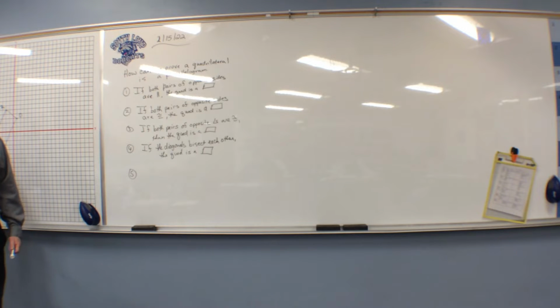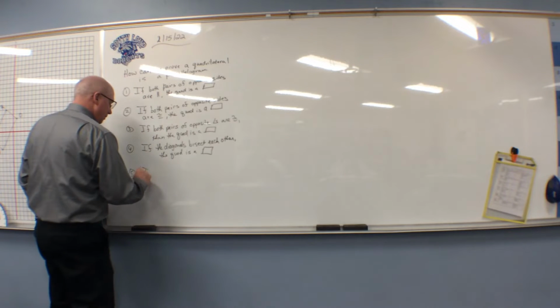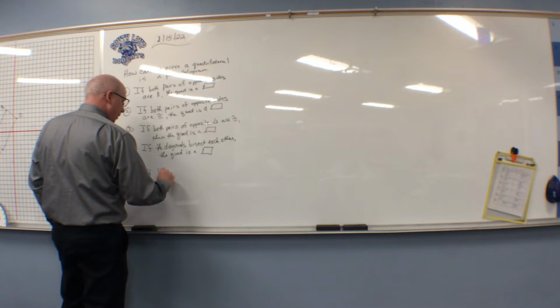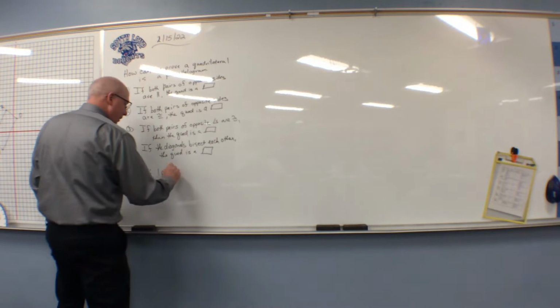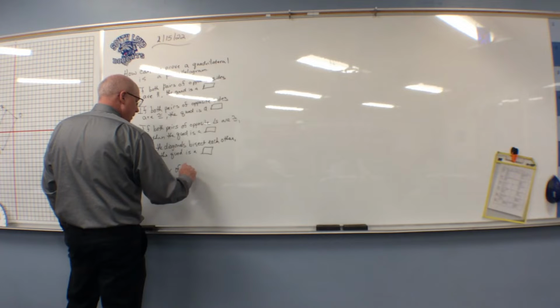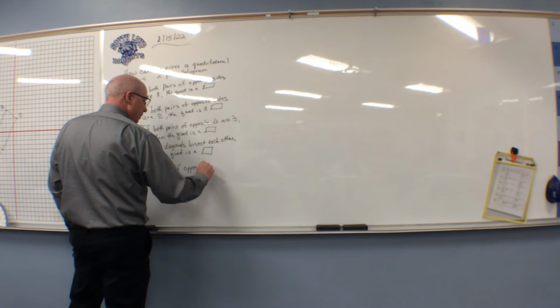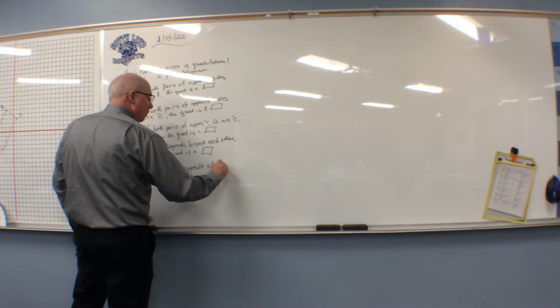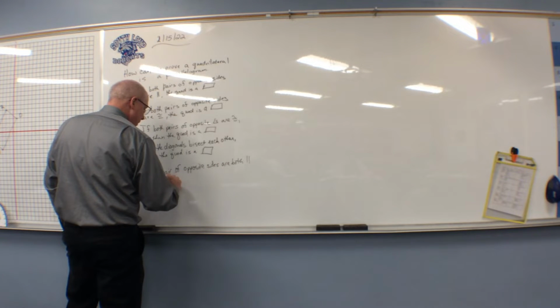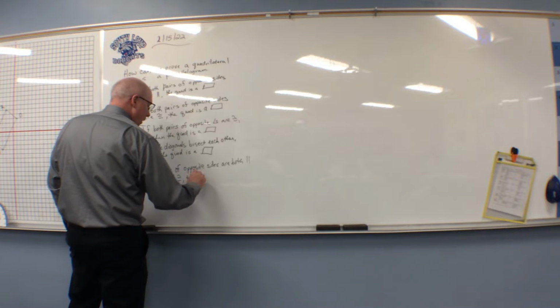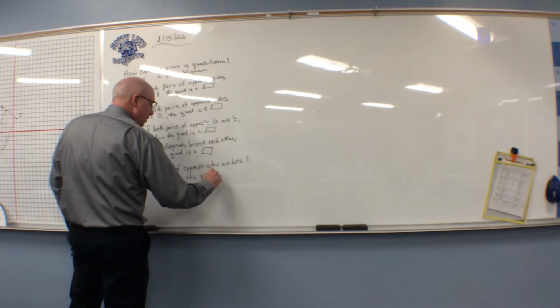Okay, the next one is not the converse. It is a free-flowing one, but it works. And it says this: if one pair, and it has to be the same pair, if one pair of opposite sides are both parallel and congruent, the quad is a parallelogram.